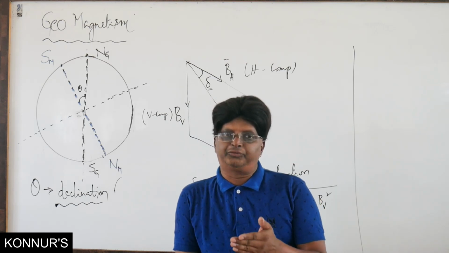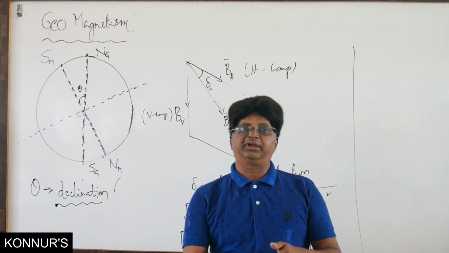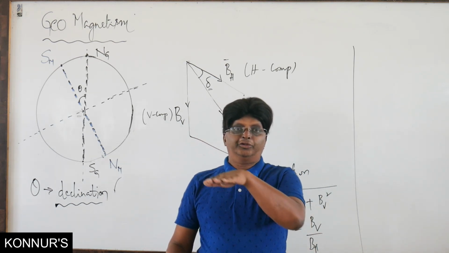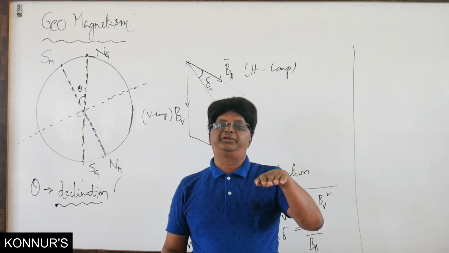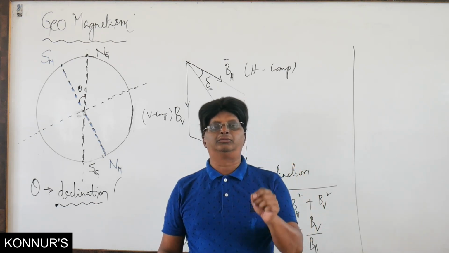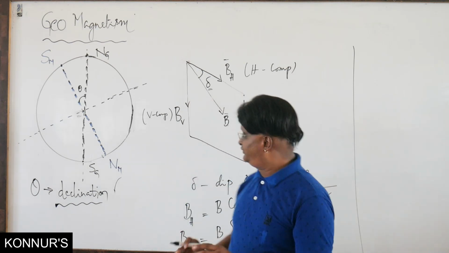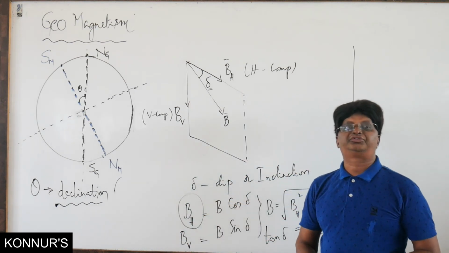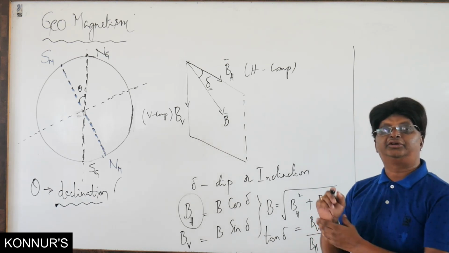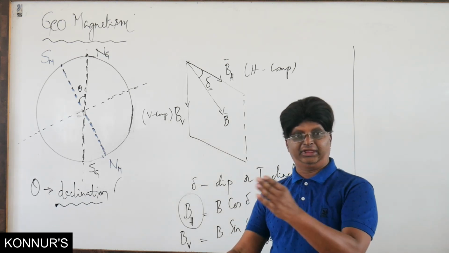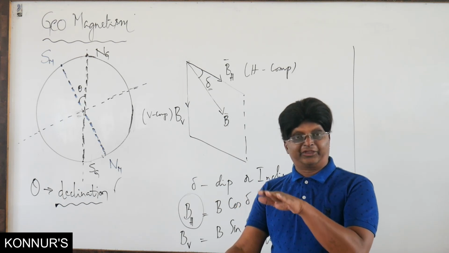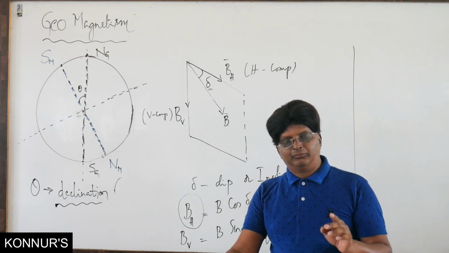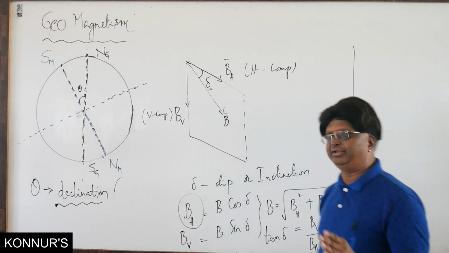In most of the examples we do, we always take the case of a horizontal plane. So in the horizontal plane experiments are performed, therefore in all such cases we consider this BH value. BH is considered most of the times, except in the case of motional EMF. Otherwise, experiments in the horizontal plane, if it is Earth's magnetic induction, we will always take it as BH.